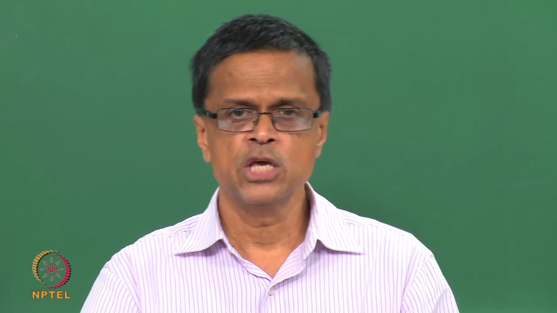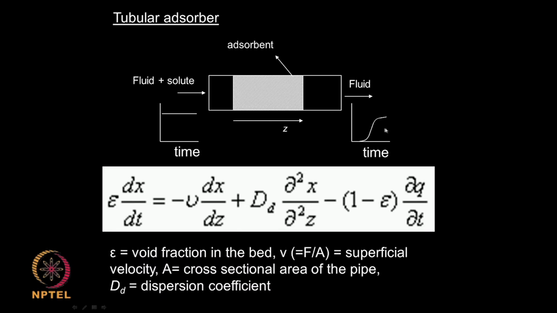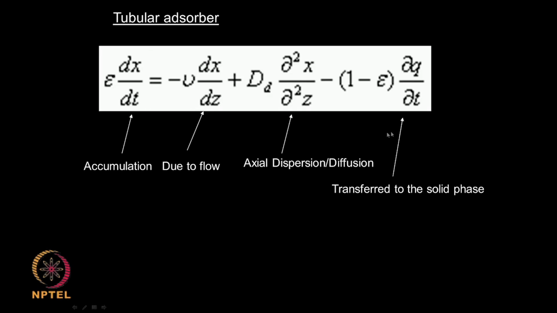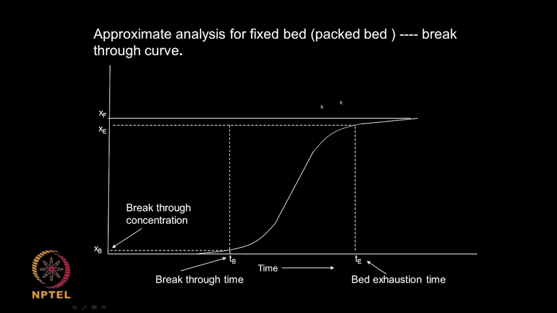Let us not bother too much about this relation, but we will think about the breakthrough. If you look at the equation in more detail, this is the accumulation term, this is due to flow, this is due to diffusion, and this is due to the transport of the solute from the liquid phase to the solid adsorbent. So this is how the equation is broken down. Let us again not bother.